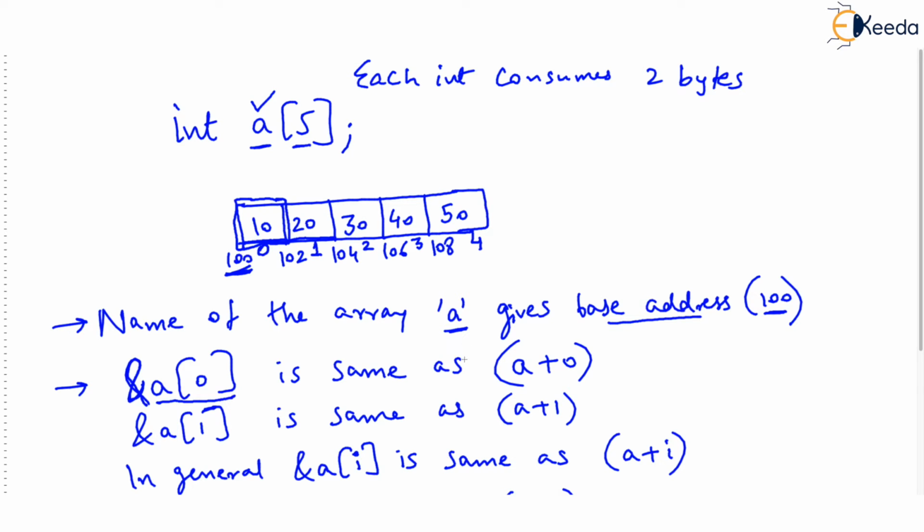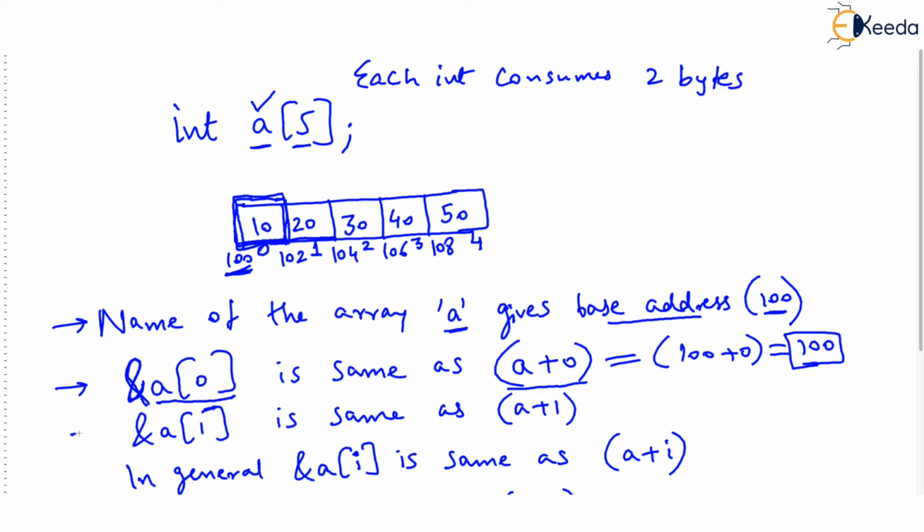But the same thing can be written as A plus 0. Even A plus 0 will give the address of the 0th element, because you know A itself is 100. This is same as 100 plus 0, which is 100. And this 100 indeed is the address of the 0th element. Just check. This 0th element is surely stored at the 100th location.